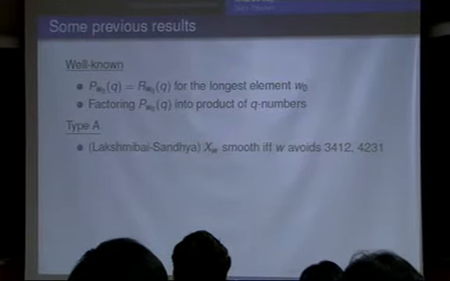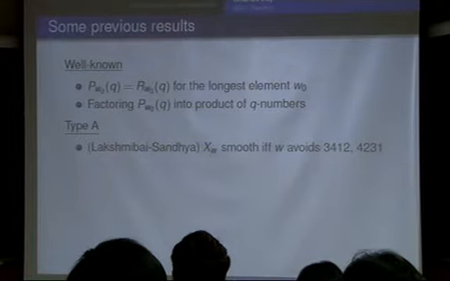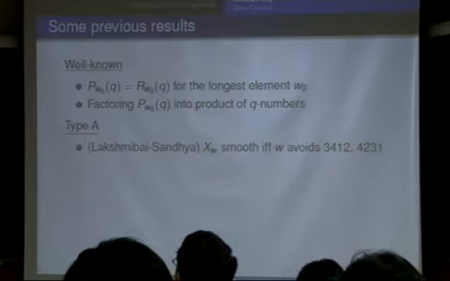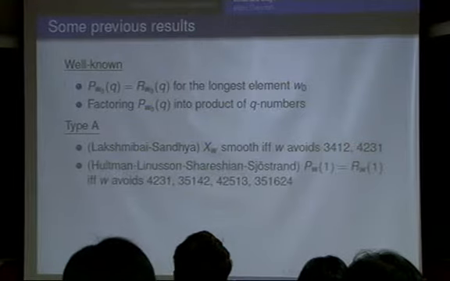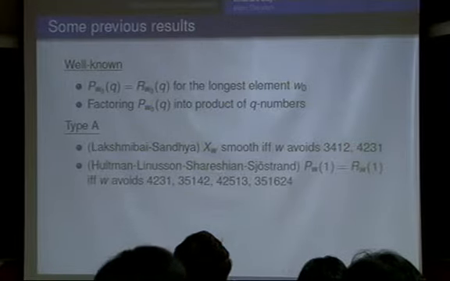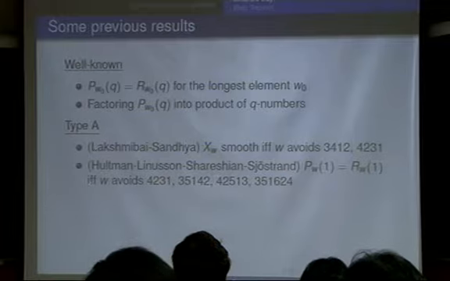Again, I would have to explain pattern avoidance, but maybe I can skip it. And Hultman, Linusson, Shareshian, and Sjöstrand proved that these two polynomials evaluated at 1 coincide if and only if W avoids these patterns.